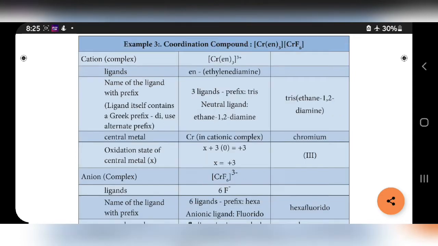Third example, Cr En thrice and CrF6. In this type of compound, if it is ionized, the first square bracket has positive charge and the second square bracket has negative charge. If it is ionized, 3 plus and 3 minus. So the first square bracket, Cr En thrice, is 3 plus.